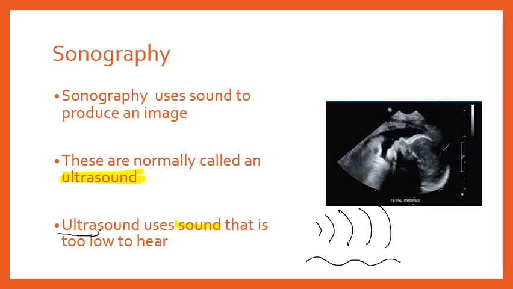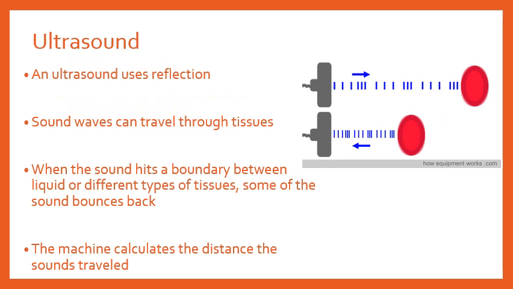It's called ultra because ultra means extremely low. And so basically this is sound that is too low of a sound or a pitch or a frequency for us to actually be able to hear. It's like extreme bass. It's so much bass that you can't even hear it, kind of.